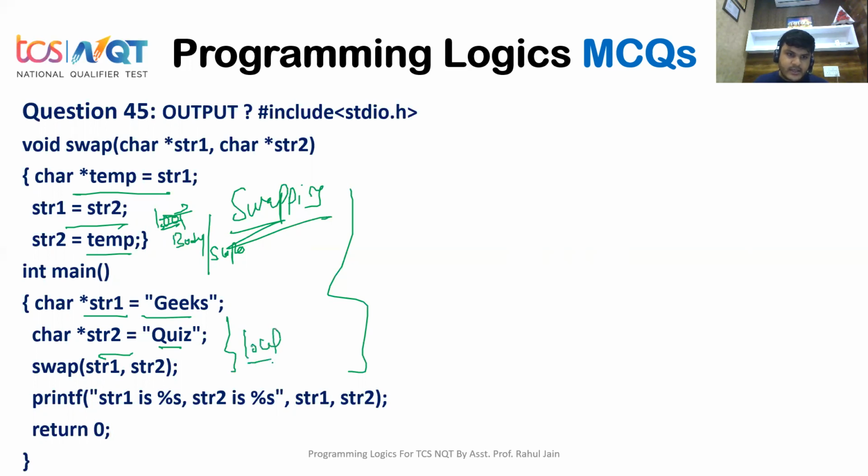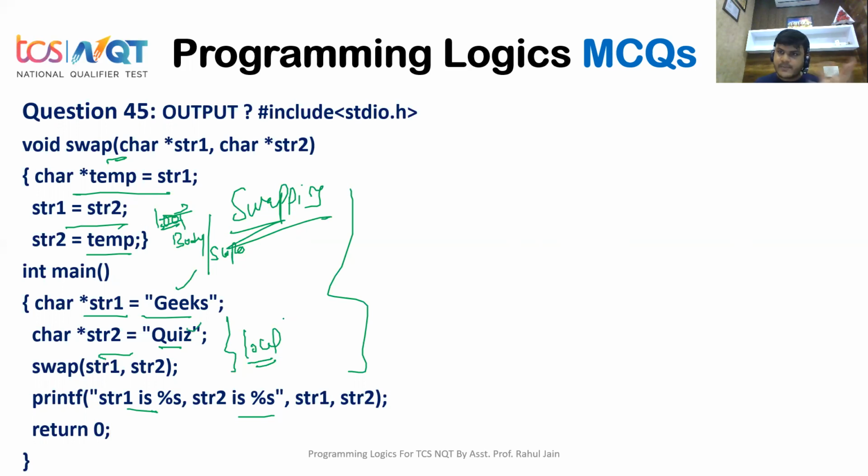This is a local body, and if we want to manipulate the values of string 1 and string 2, it can't be done like that here. Why? Because it is in a separate function, and we can't access that value here, so nothing would be swapped. That is why string 1 is gigs and string 2 is quiz.